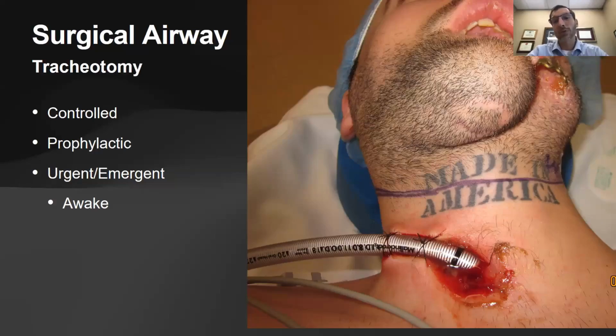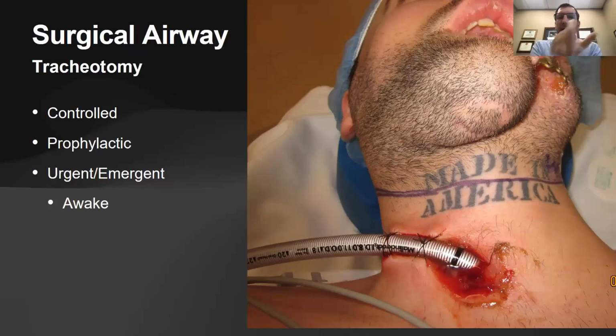And sometimes we have to do it because they need to have an airway, and either they have a dysfunctional larynx because they've had chemoradiation therapy, or they've had an obstructing lung cancer, or obstructing head and neck cancer, that they can't breathe by, and we got to bypass the tumor, and we got to bypass the upper aerodigestive tract, and so we put a tracheotomy in.